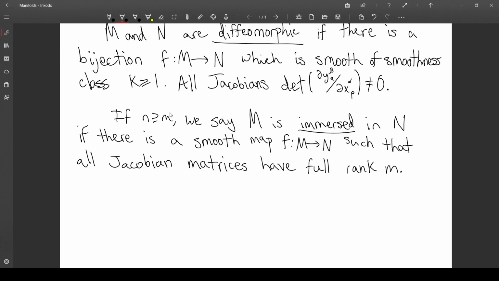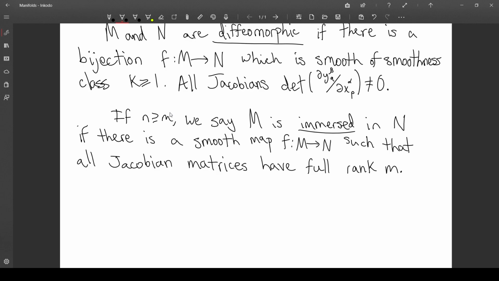So the Jacobian matrix in this case would be an n by m matrix. So since m is the smaller number, that's the highest that the rank can be.